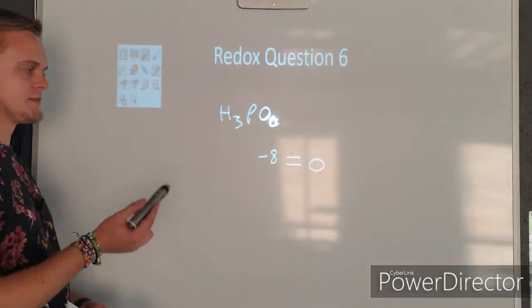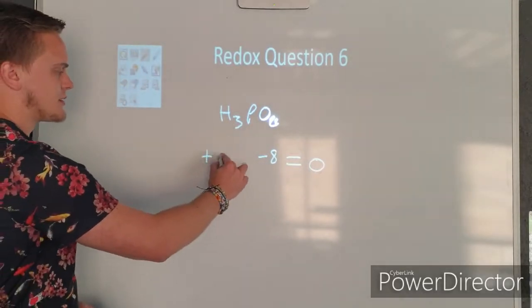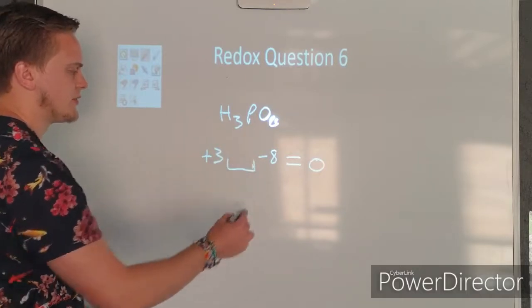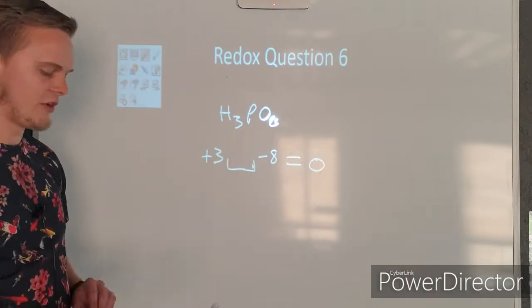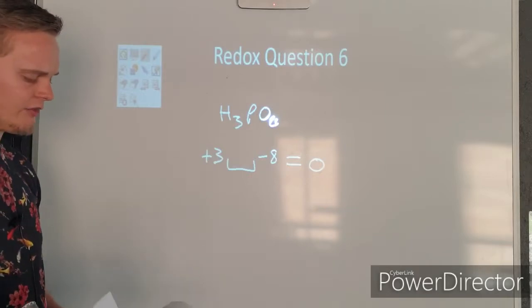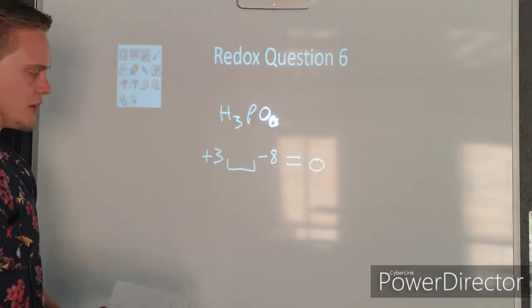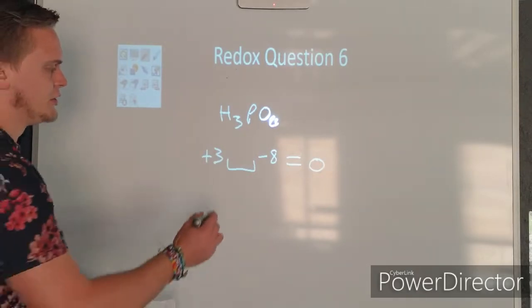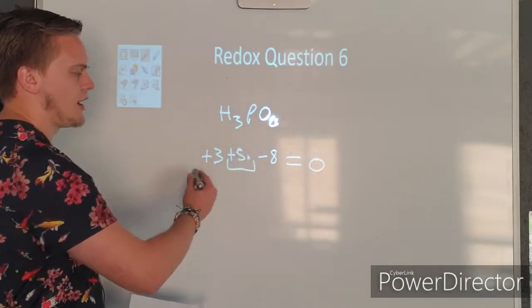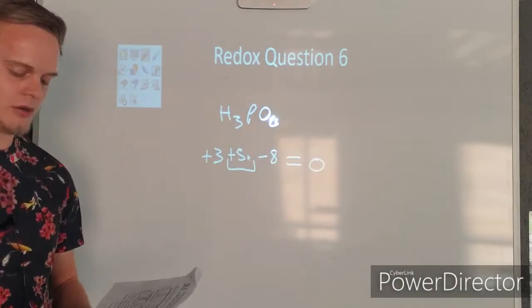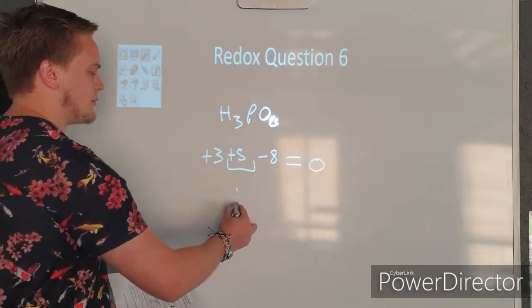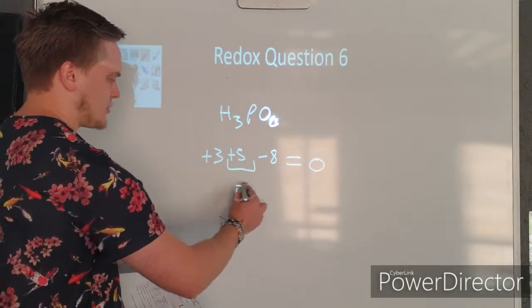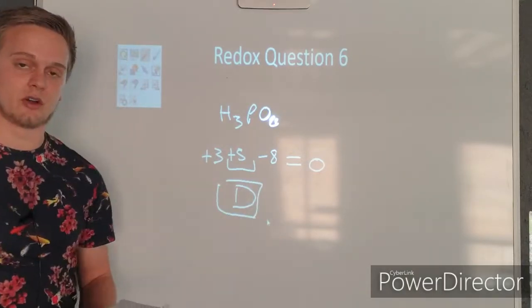Hydrogen in a compound is +1, but there's 3 of them, so that's a +3. So what is left? That is the oxidation number of phosphorus. And if we do the math, you see it needs to be a +5 to equal that 0. So the oxidation number of phosphorus will be option D, +5.